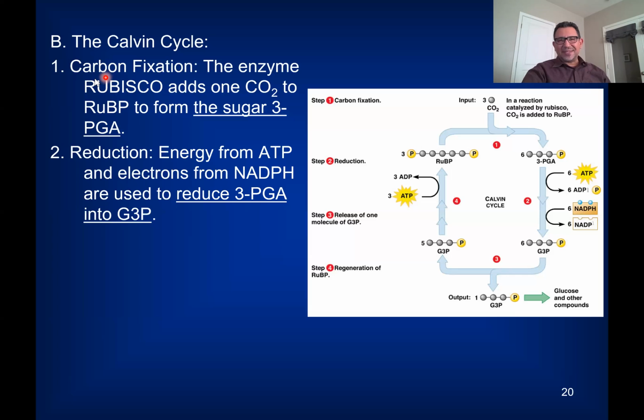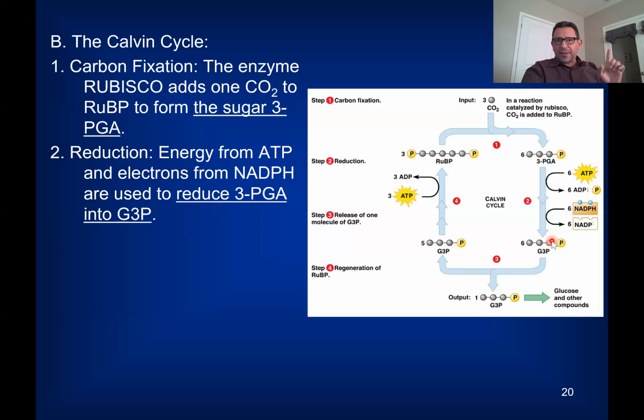The next step in the Calvin cycle is going to be reduction. Reduction means that electrons carried by NADPH will be given to these intermediary compounds we have here in the Calvin cycle, and eventually a G3P molecule will be made.